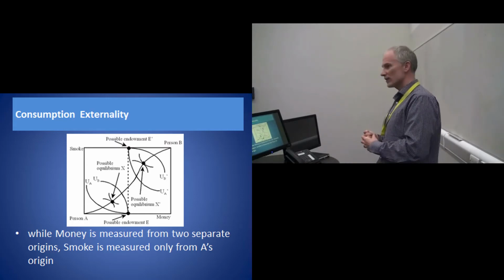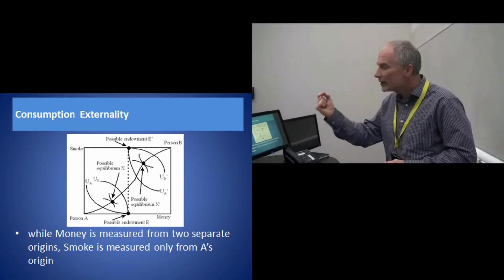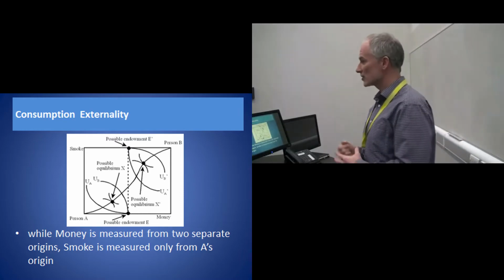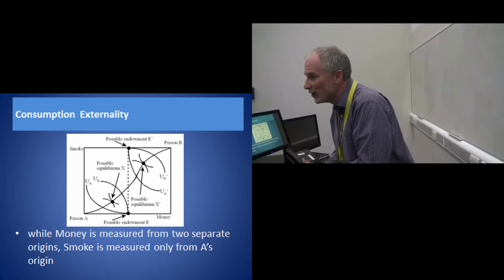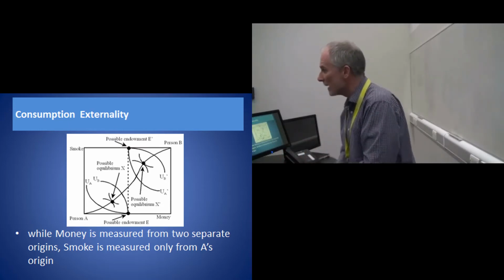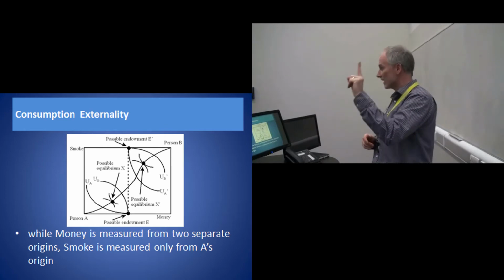Smoke, though, is different. These are two roommates sharing a room. There is only one amount of smoke that's available. Two roommates, they're in the room together, they cannot have different amounts of smoke. There is only one amount available.